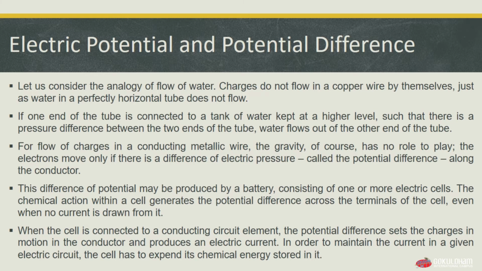And when this cell is connected to a conducting circuit element, the potential difference will set the charges in motion. Means these charges will flow due to the potential difference in that conductor and produce the electric current. In order to maintain the current in that particular electric circuit, the cell has to expend its chemical energy that is stored inside it.